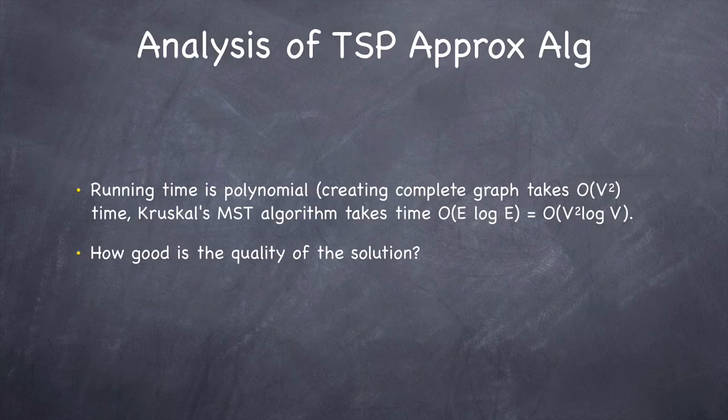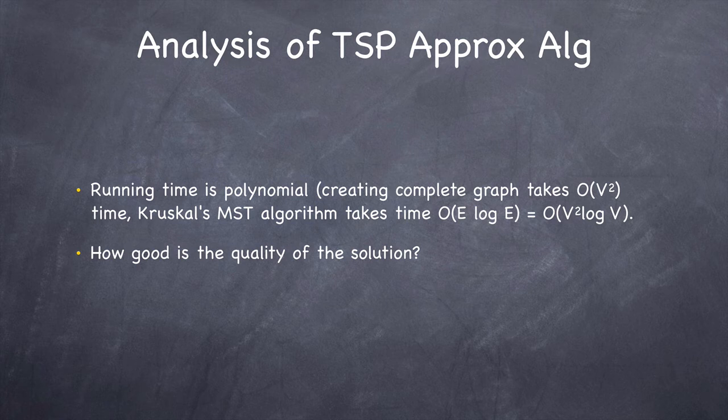Okay, now first of all, the running time of this is really good. Creating the complete graph takes big O of number of vertices squared time, and Kruskal's minimum spanning tree algorithm is big O of E log E, so that's big O of n squared times log n time overall.